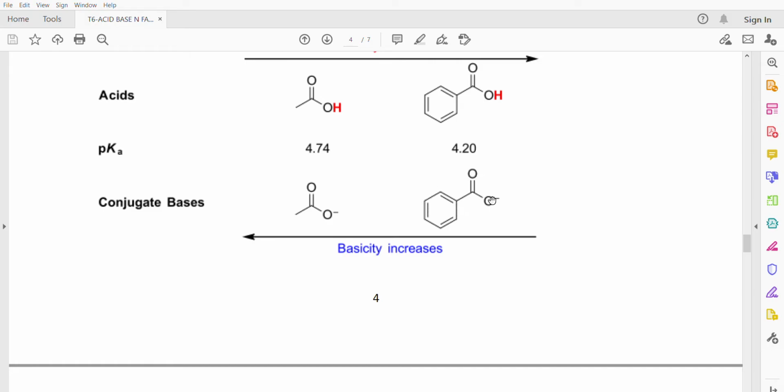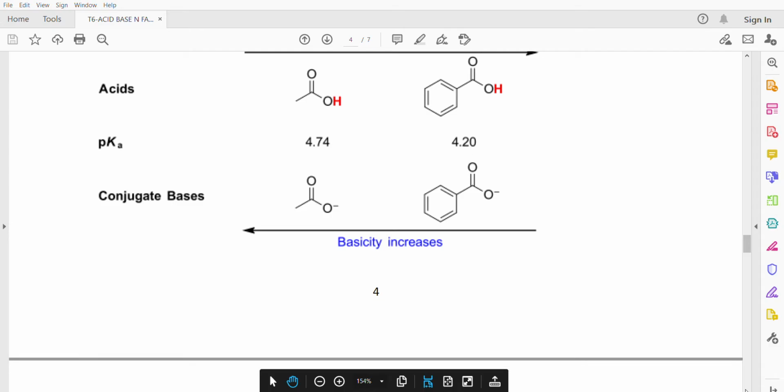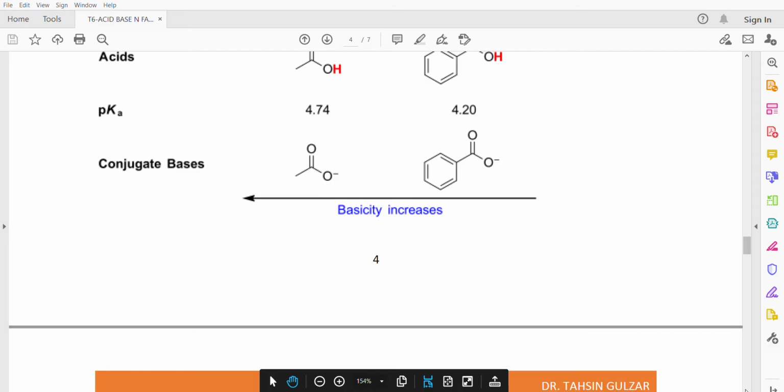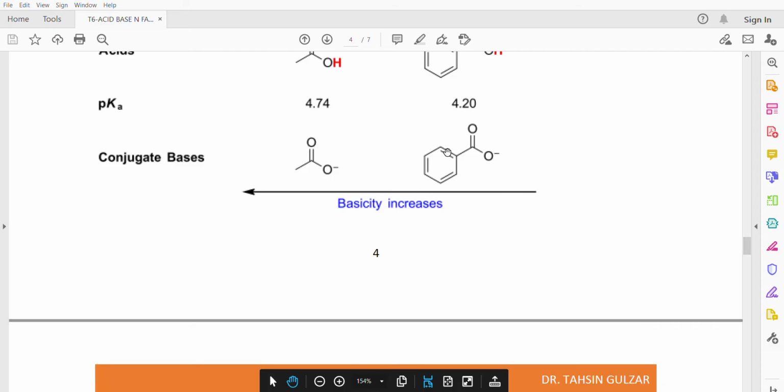It is not as easily available as in the acetate anion, because there it is delocalized only twice, but due to the benzene ring it is further delocalized in the aromatic system.